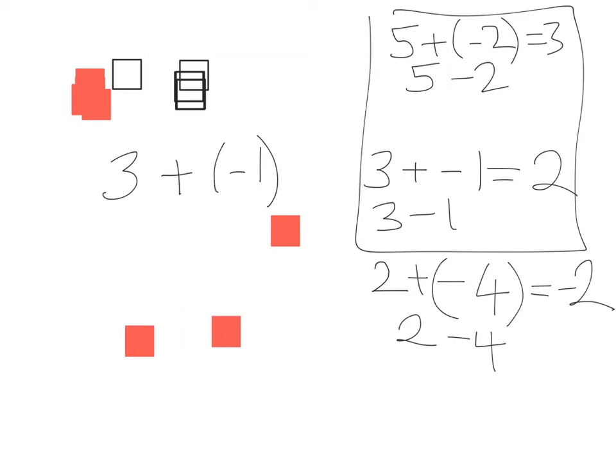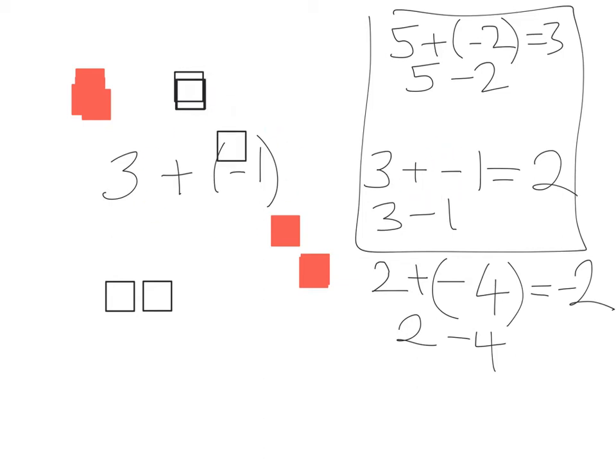I've only got 2. If I take away 2, I still have to take away 2 more. So that would be negative 2 still. So those are the same. So you might notice the pattern that plus negative here is the same as just subtracting. When you add a negative, you're adding these white squares, which is the same as taking something away.